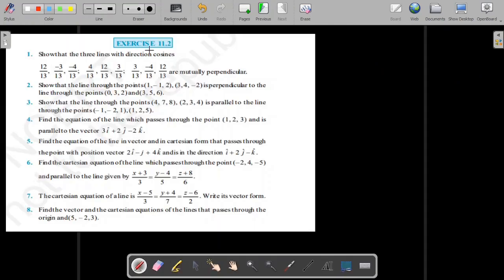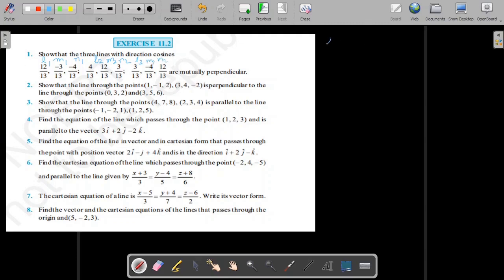Now let's solve a few problems of the exercise. Show that the three lines with the given direction cosines are mutually perpendicular. Mutually perpendicular means the first line is perpendicular to the second, the second to the third, and the third to the first. So you can name the direction cosines as l1, m1, n1, l2, m2, n2, and then l3, m3, and n3.